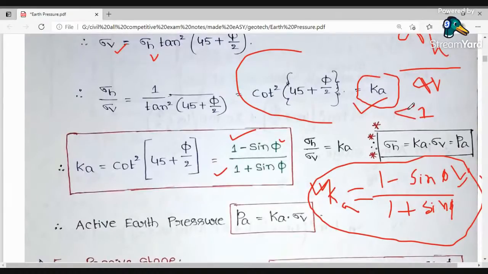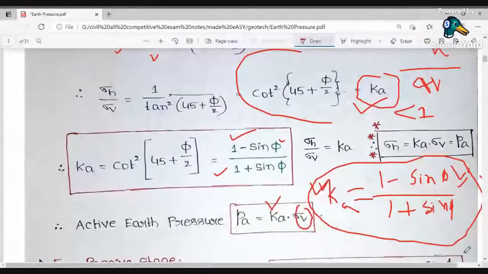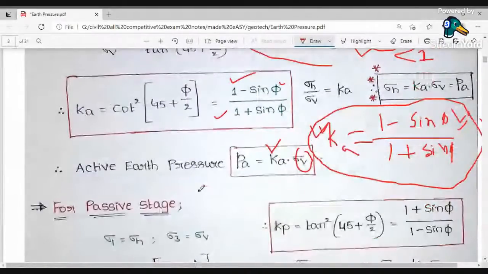So what will be the active earth pressure? Active earth pressure is basically Ka multiplied with sigma v, that is the major principal stress. So the ultimate formula: this is the formula for coefficient of active earth pressure, and the active earth pressure at a certain point can be given as Pa, basically the coefficient of earth pressure into the vertical stress sigma v.